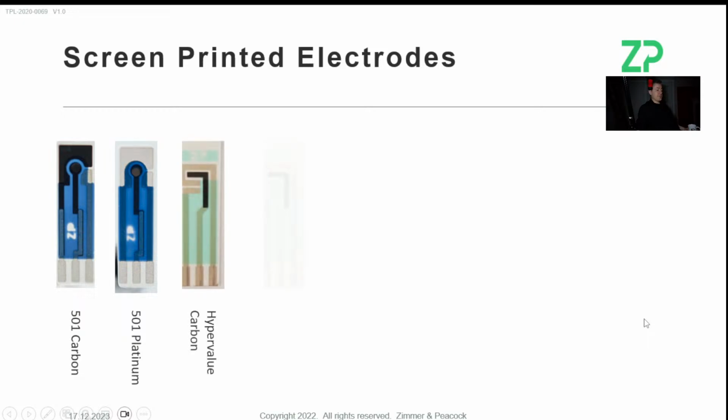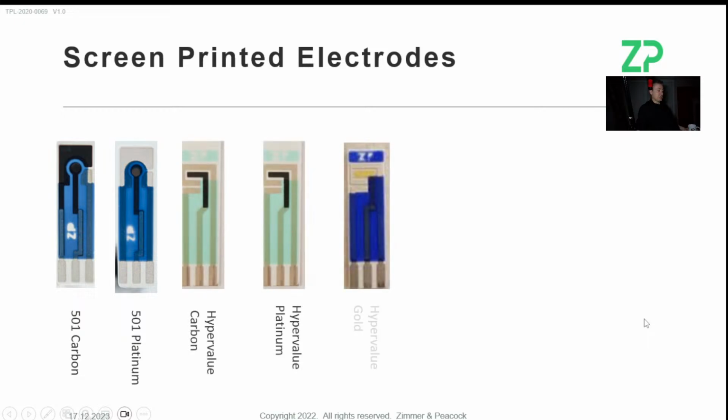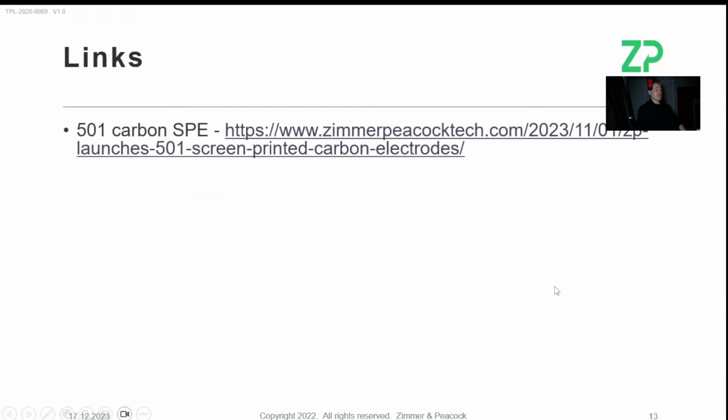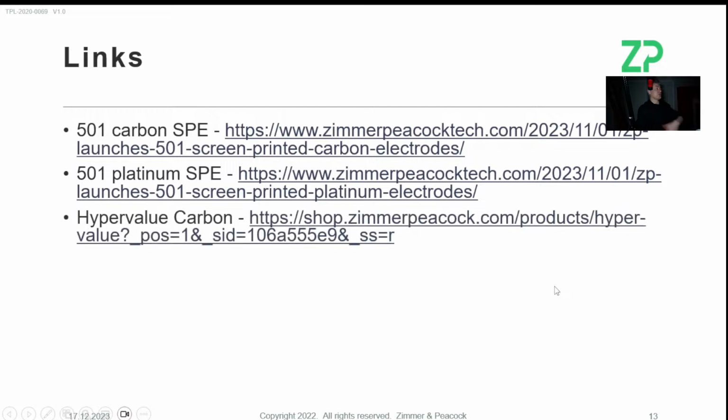These are our top selling screen printed electrodes, and because they're top selling, we manufacture them in the highest volumes. If you want something to be low cost and high quality, a good start is to manufacture at quite high volume. Everyone thinks about screen printed electrodes and thinks, oh, they're low cost. Well, low cost means they're probably coming out at low quality, and if we want to keep the quality high, then we have to manufacture quite a lot of them. So these are our go-to sensors at ZP.